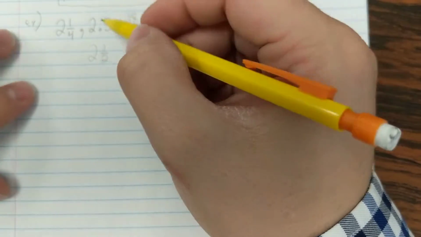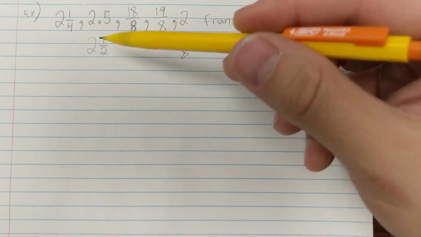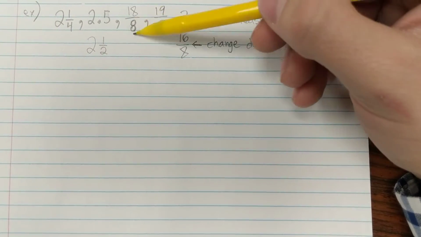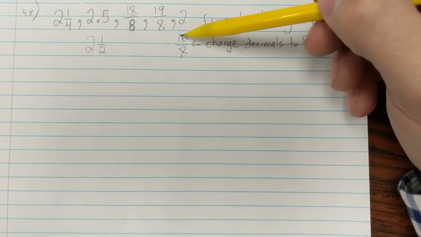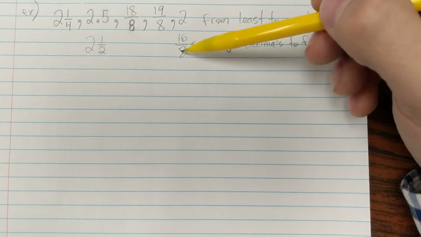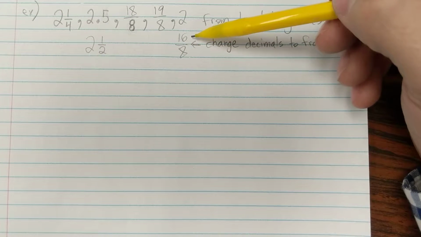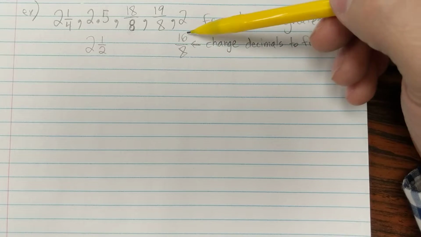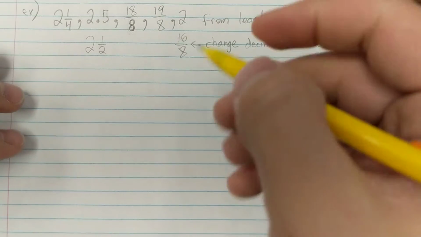So what I'm going to do here, after I've changed my decimals to fractions, is try to change everything to have this common denominator of 8. That's why I've written my 2 as 16 over 8. If you think about it, 16 is 2 times what 8 is. So if you have 8 over 8, that would be 1, and another 8 over 8 would be 2, and 8 plus 8 is 16. So this is why I wrote this in here.